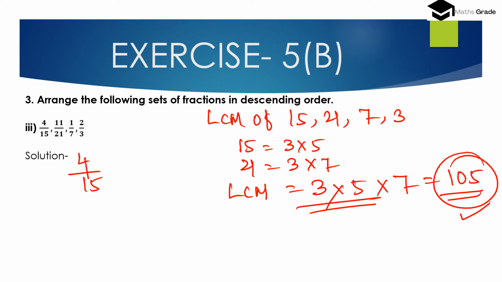Now convert the fraction 4 divided by 15 into an equivalent fraction having the equal denominator, that is equal to the LCM 105. So if we multiply 15 with 7, we get 105. Now we have to multiply the same number 7 with the numerator 4. 4 multiplied with 7 is 28.